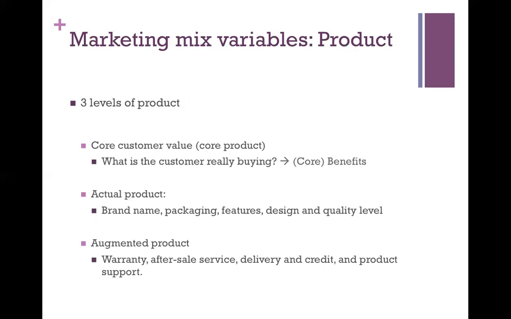That is fine. Either one is fine. It actually reflects what the customers are really buying. Or in other words, it is the core benefit. It is the reason why the customer buys the product.